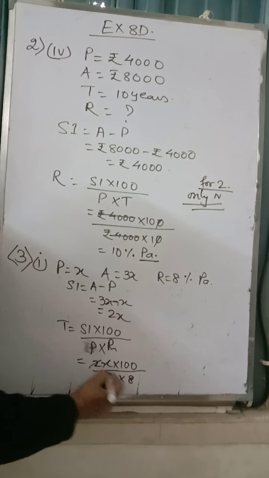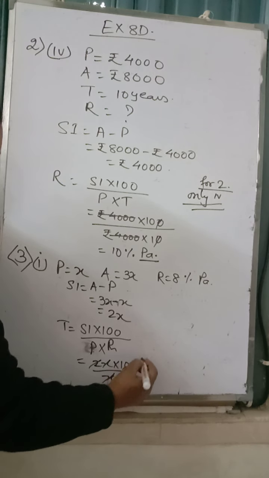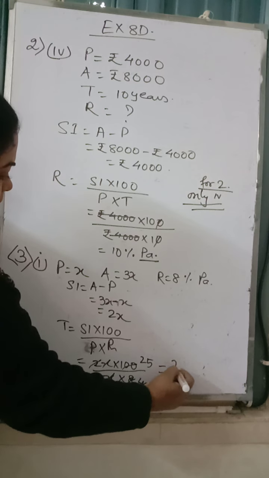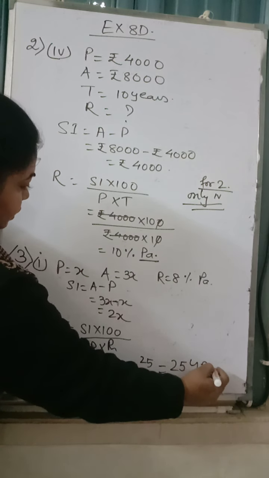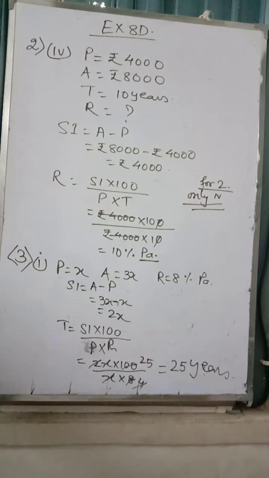X cancelled. 2 4s are 8. 4 25s are 100. So this will be 25 years. Time will be 25 years.